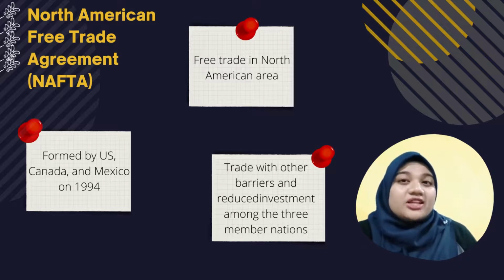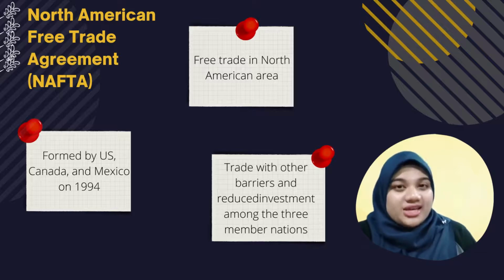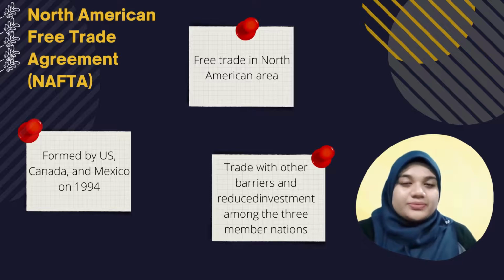NAFTA was expected to lead to a loss of unskilled jobs but an increase of skilled jobs, for an overall net increase in employment in the United States between 19,000 and 116,000.